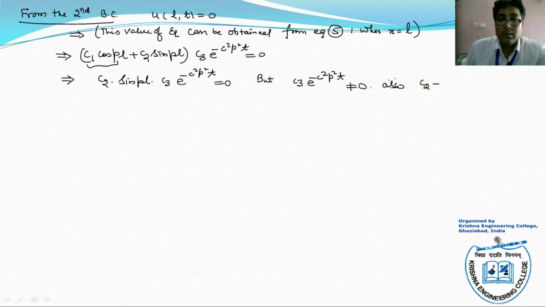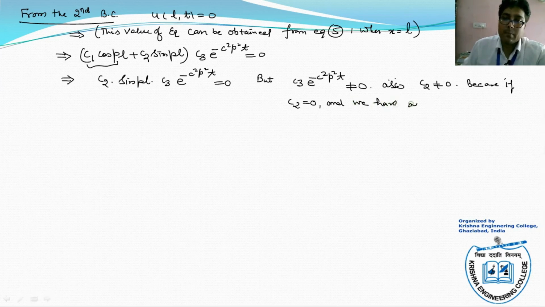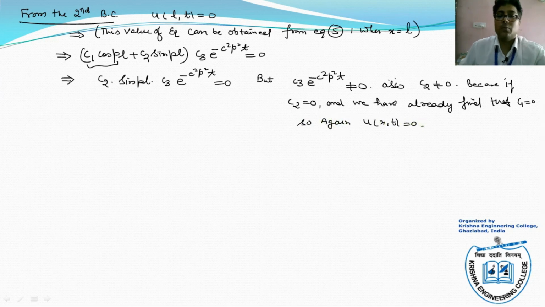Also, C2 will not be equal to 0, because if C2 is equal to 0, and we have already found that C1 is equal to 0, then again u(x, t) is equal to 0, which is impossible.